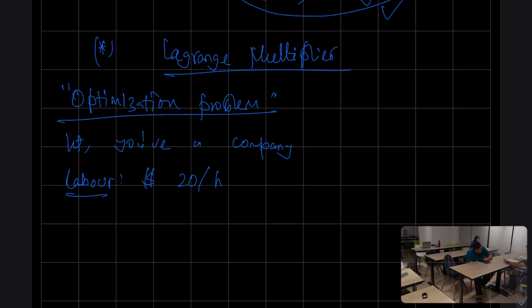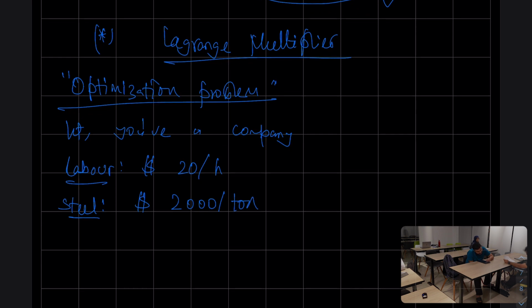Suppose you have to put some labor in it, so you put $20 per hour. And you need steel for the company. Suppose steel costs $2,000 per ton. Okay, and your revenue.